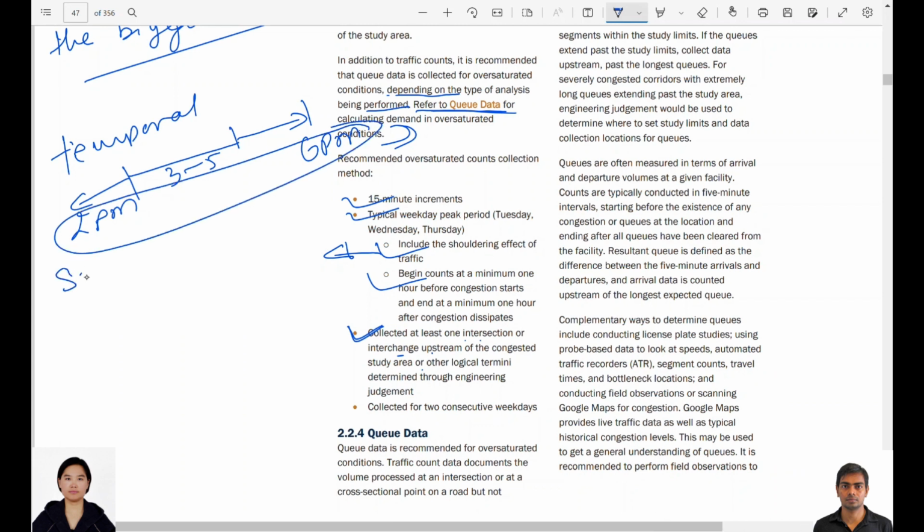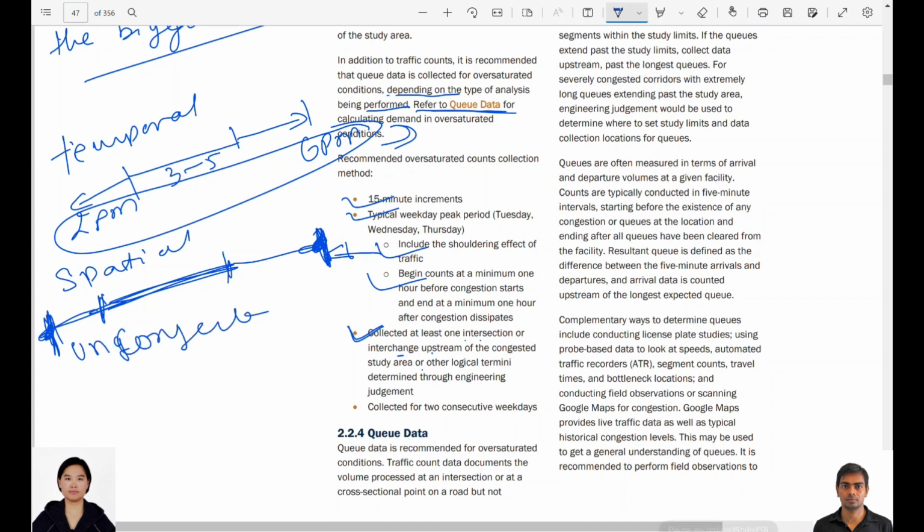In terms of spatial limit, if the bottleneck is in this area, we typically try to go one intersection or interchange up from the congestion, so that the end of the project limit lies in uncongested conditions as much as possible.